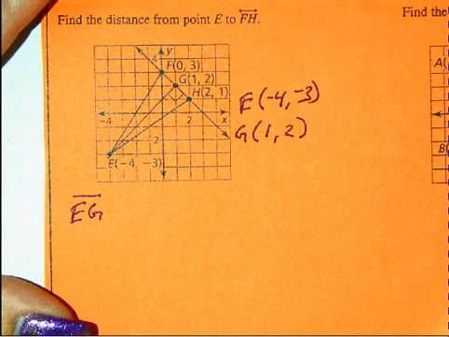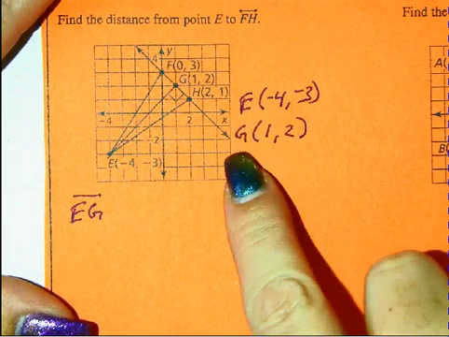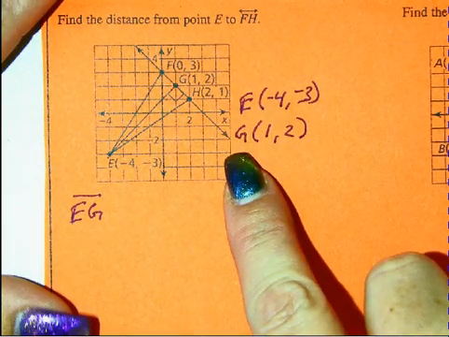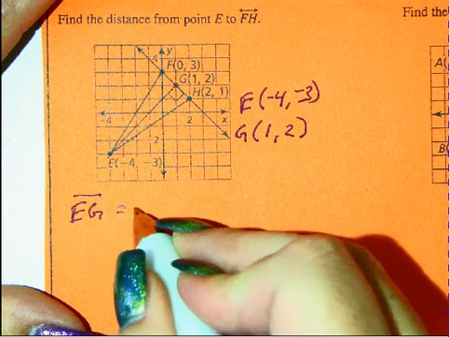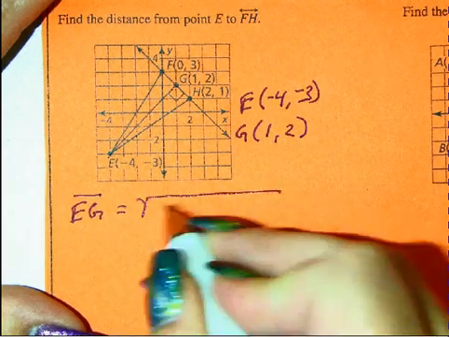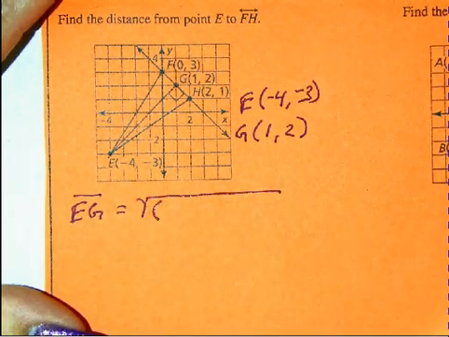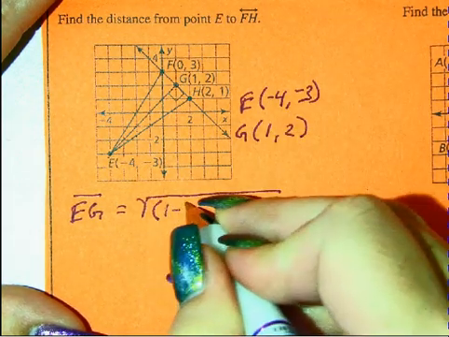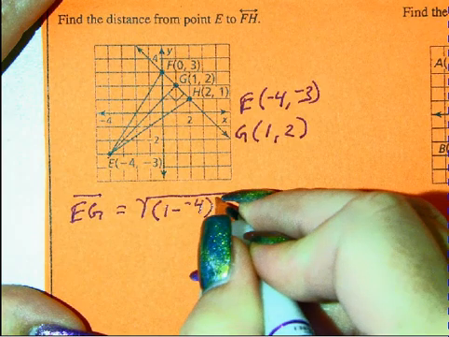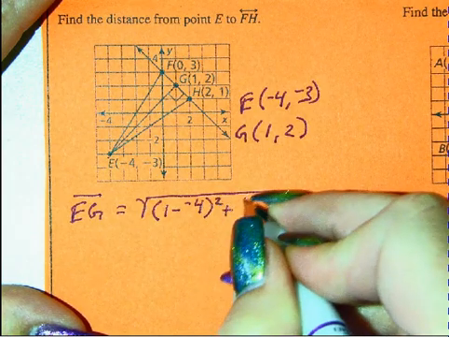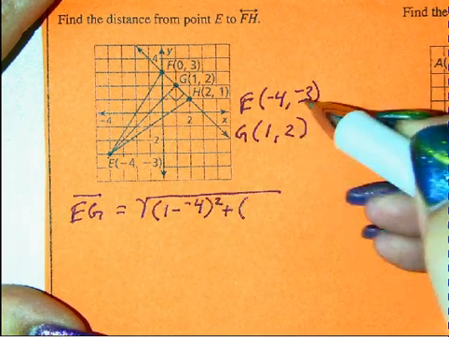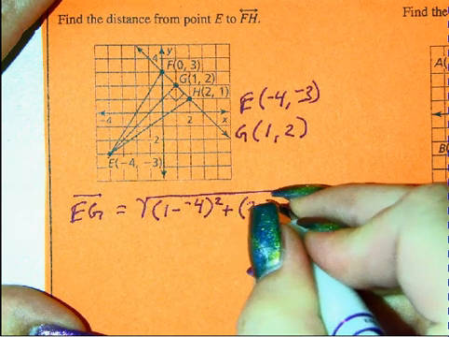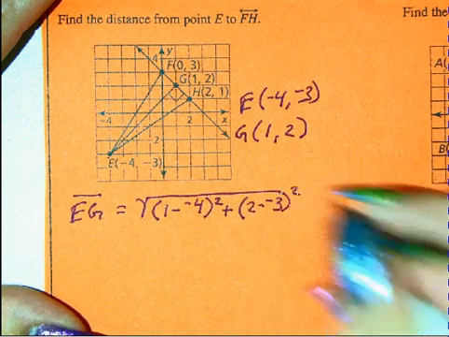So the first step in these is you have to figure out what is your segment. So ours is EG. Then we're going to use our distance formula, so square root. Remember, we're going to go x minus x. So I'm going to go (1 minus -4) squared plus my y, so (2 minus -3) squared.